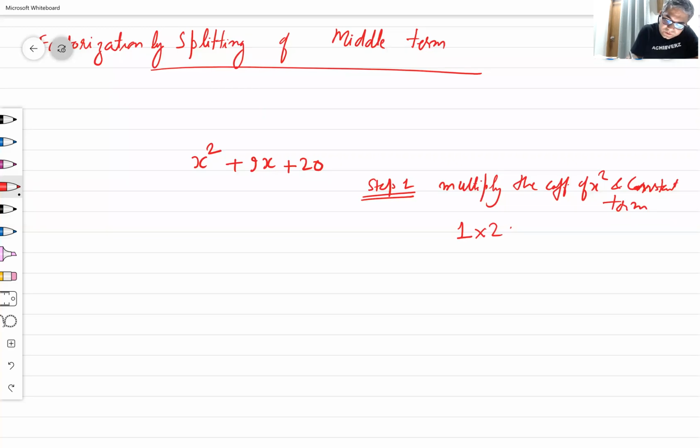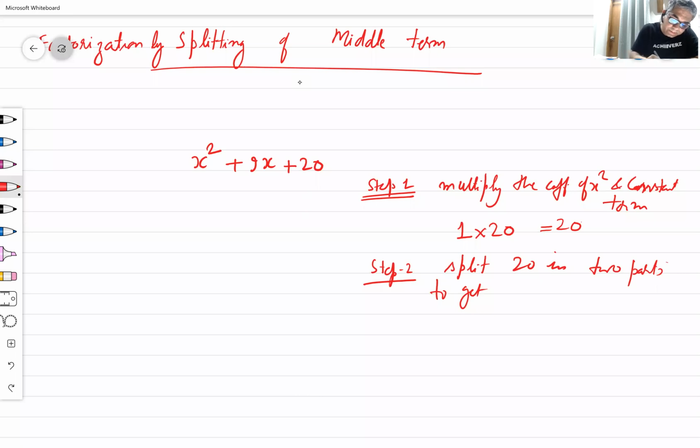So I am left with 20. Now, step 2, split 20 in two parts to get the middle term.